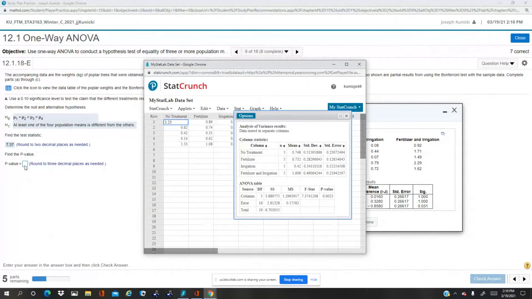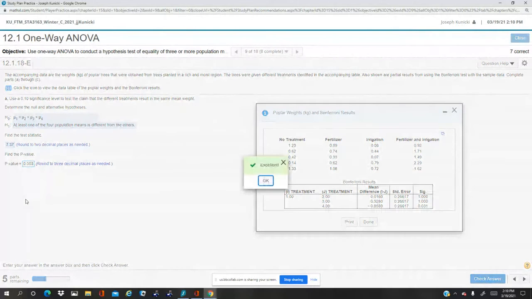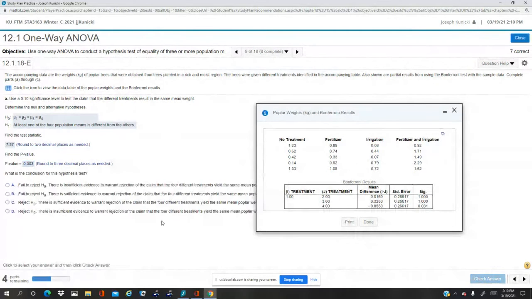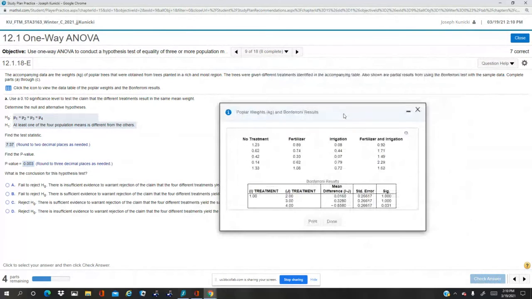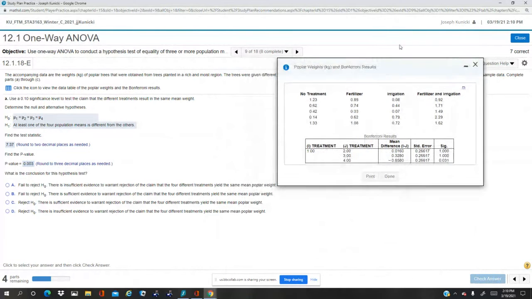They round to 3 decimal places, so it's 0.003. So the significance level is 10%. We're certainly less than 10%. We're at 0.3%, less than 1%, put it that way. So we are going to reject.